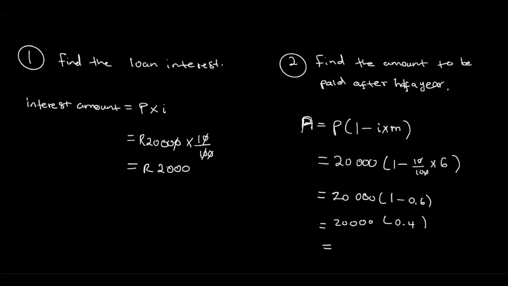So in 6 months, that means the amount that still needs to be paid, or is left to be paid, is going to be 0.4 times 20,000, which is 8,000 rand.